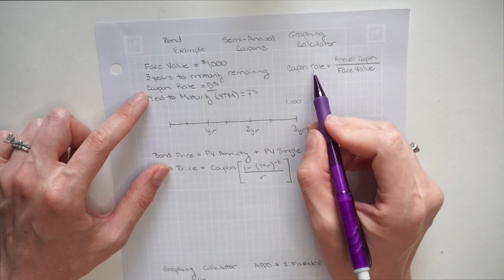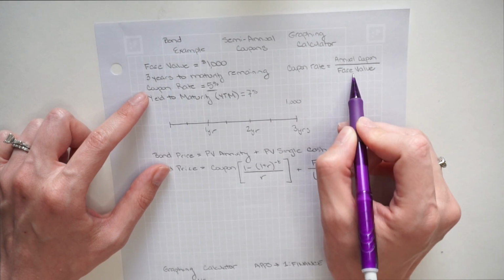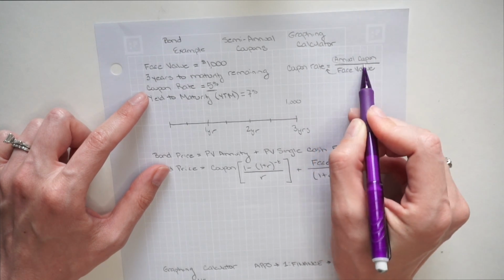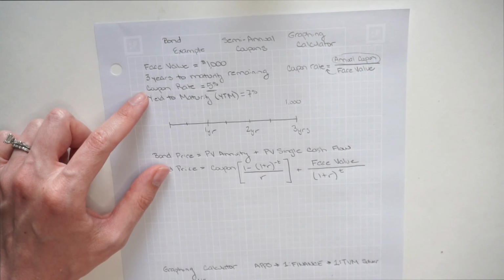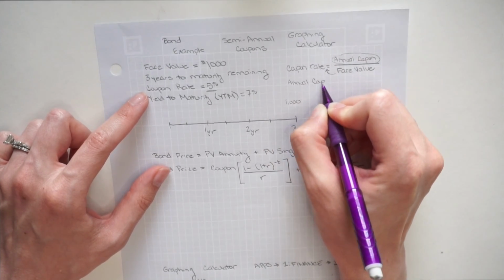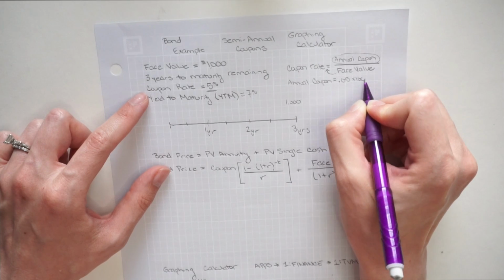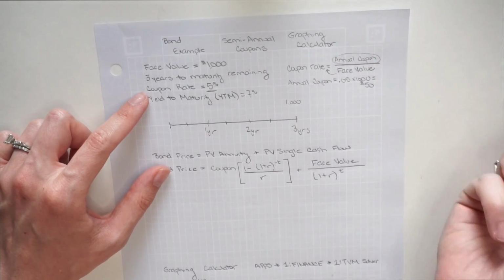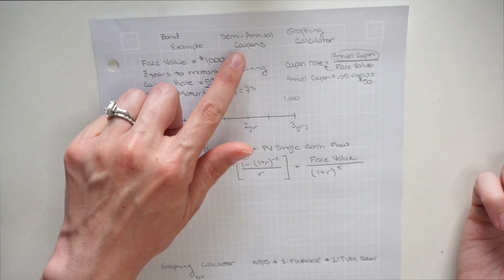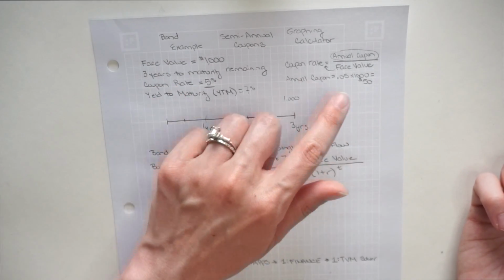So what I can do here is take the coupon rate times the face value, so move this over to the other side, and that's going to give me what the annual coupon is. So my annual coupon is $50.